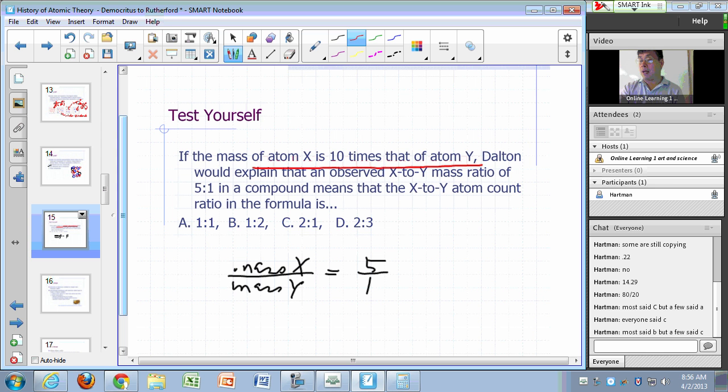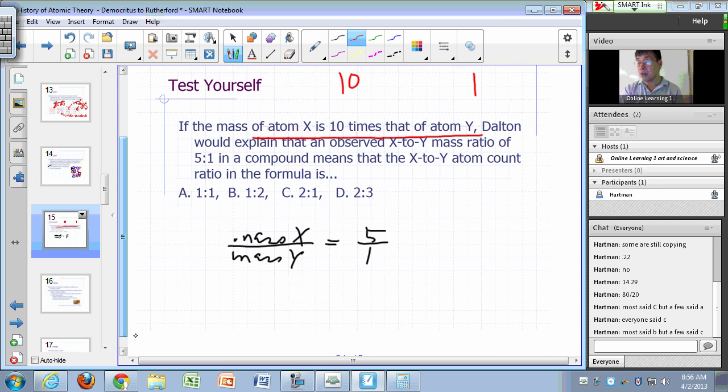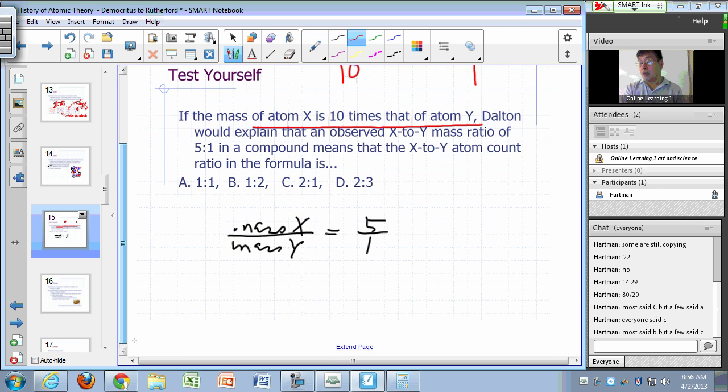Let's say the molar mass of X is 10, and the molar mass of Y is 1. Doesn't really matter since it's all about proportions, okay? So if the mass ratio is 5:1, is the formula XY? Is it XY2? Is it X2Y? Or is it X2Y3?